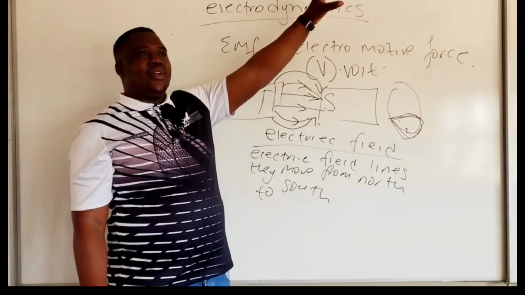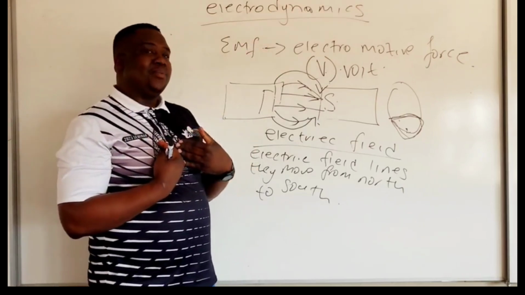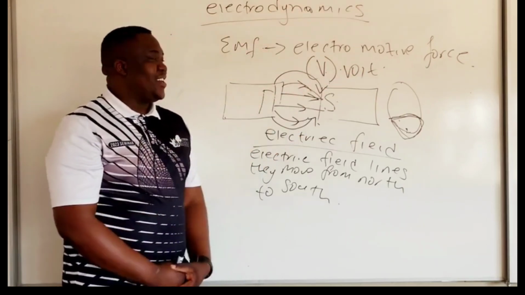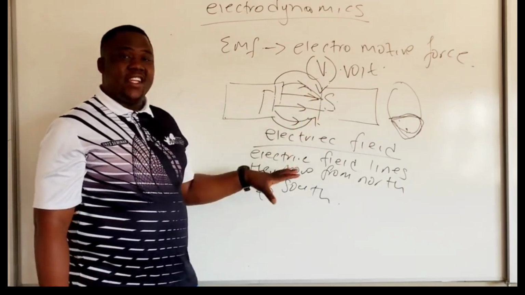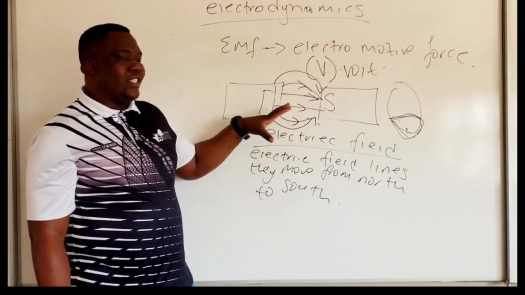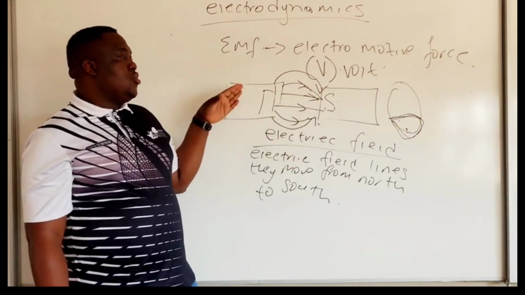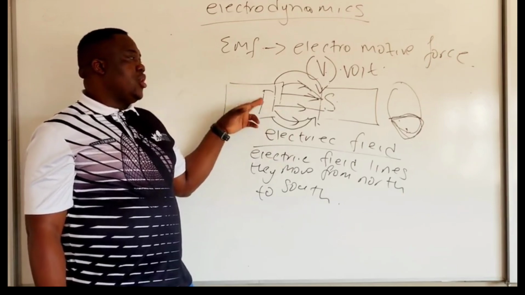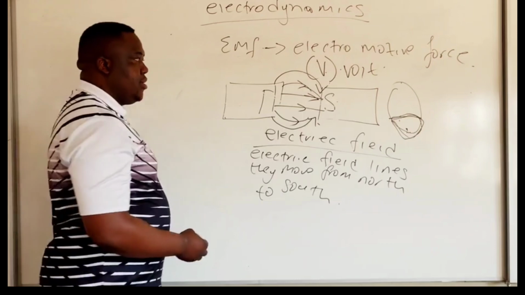They came from the northern hemisphere. They came to South Africa. We did not go to them, they came to South Africa. So that is something you can use to remember that the electric field lines are drawn from north pointing to the south.